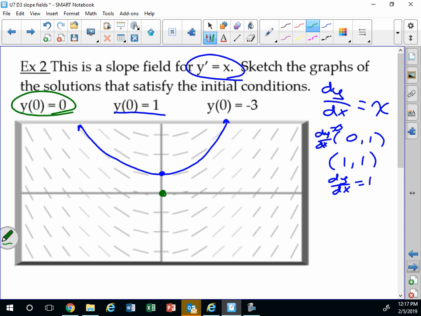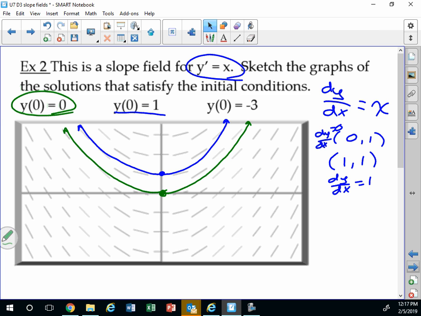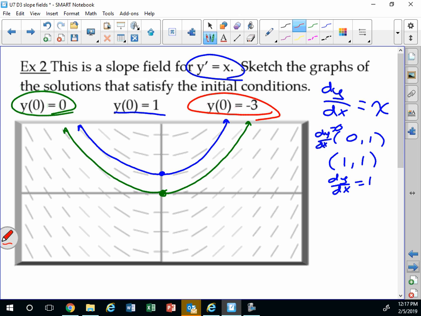Would it not just follow the shape? And what about (0, -3)? So I'm going to put the dot at (0, -3). And can I graph this?